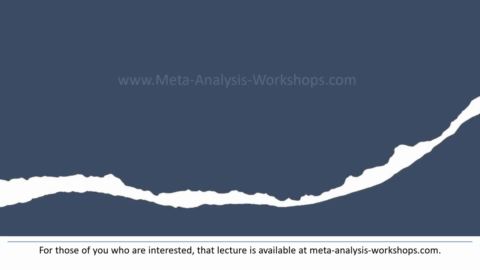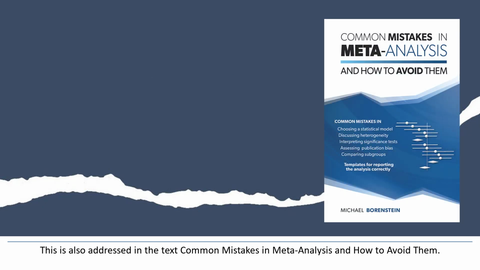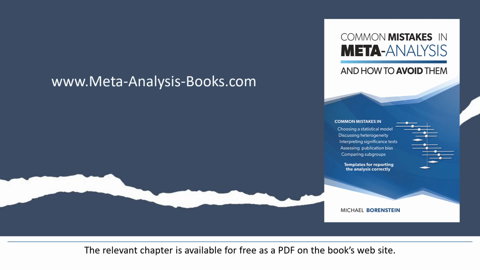For those of you who are interested, the lecture is available at metaanalysisworkshops.com. And this is also addressed in the text Common Mistakes in Meta-Analysis and How to Avoid Them. The relevant chapter is available for free as a PDF on the book's website. I encourage you to take advantage of these resources.